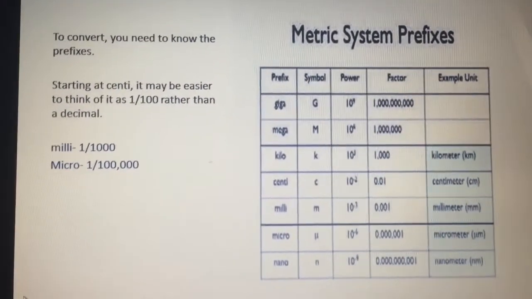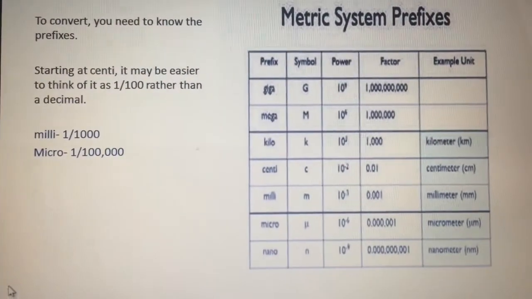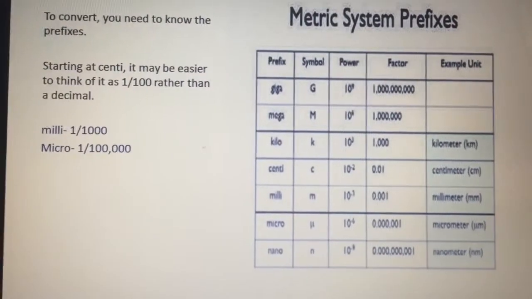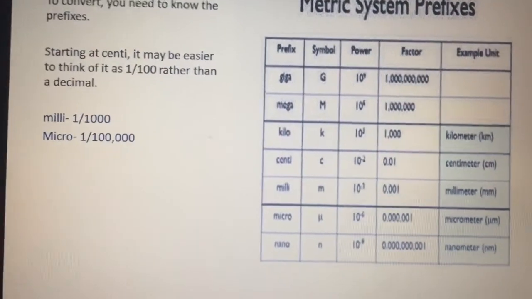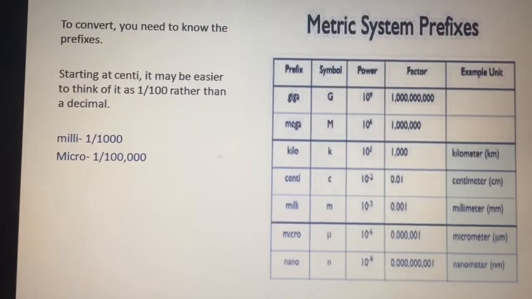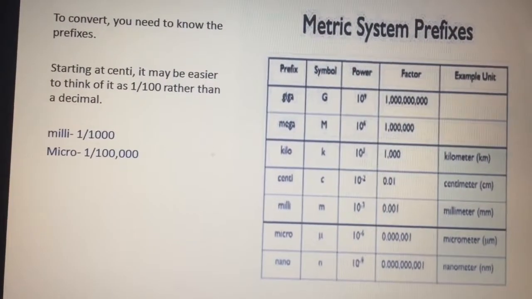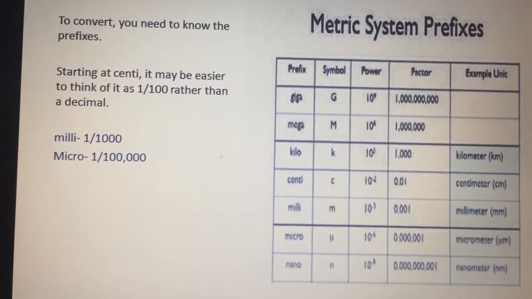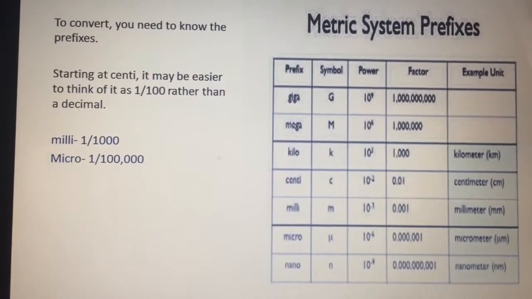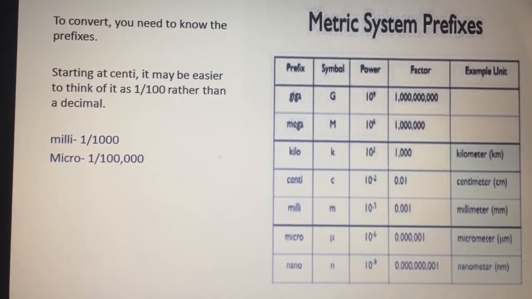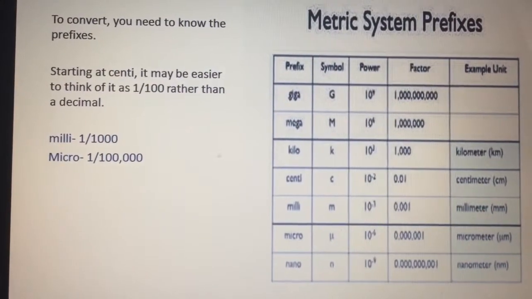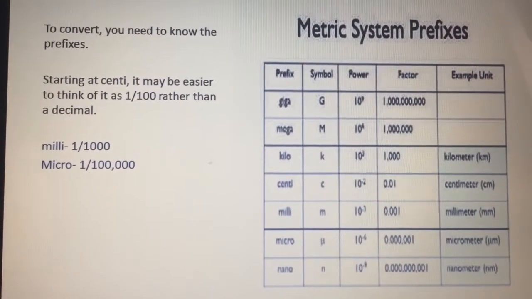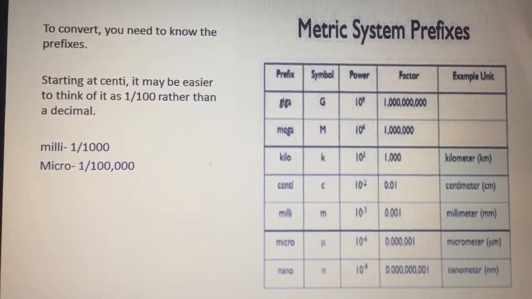And to be able to convert, you need to know the prefixes. And if you're in Mr. Wignall's class, you'll probably need to know most of these on this chart. And take notice of all the symbols and the uppercase versus lowercase, because it is a big difference between milliliters and megaliters, or meters, megameters, millimeters, whatever.